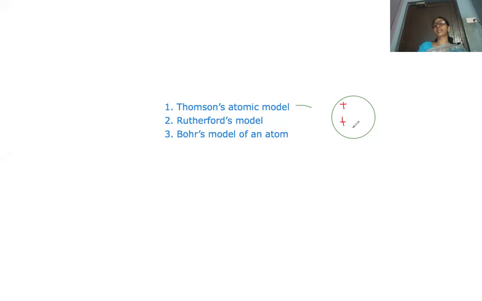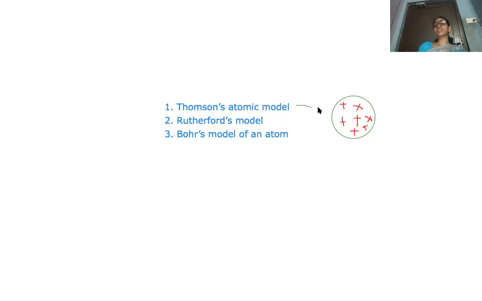He said that the positive charge is spread out inside the atom, just like the pink pulp inside the watermelon. Just imagine a watermelon and how the pulp is there. In that way, the positive charge is spread out inside the atom. Where are the electrons present?